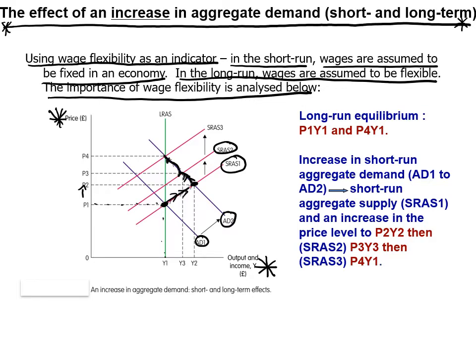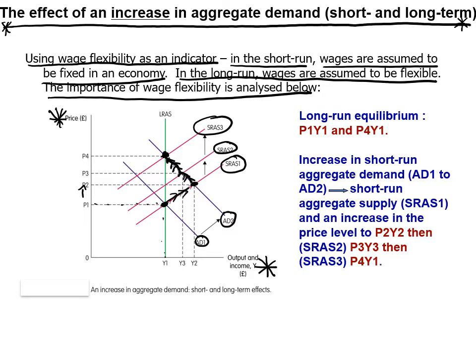So we're going to shift our short-run aggregate supply curve in the long run from this illusion of a pay rise that we gave our workers from SRAS2 to SRAS3. So we're going to come back here, okay? And this is precisely where we were before, okay?